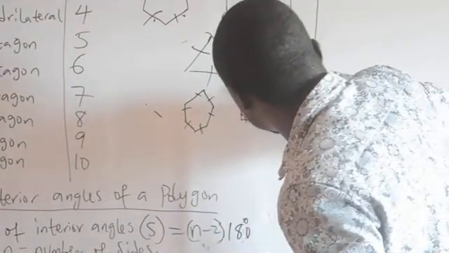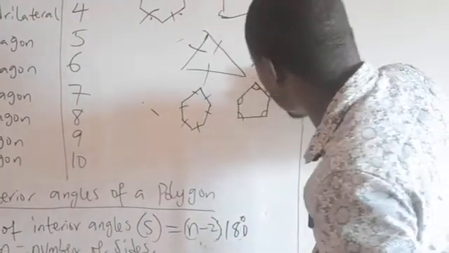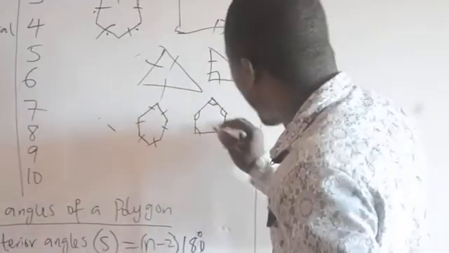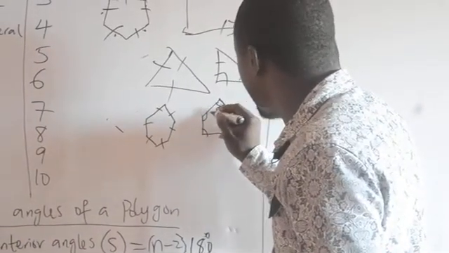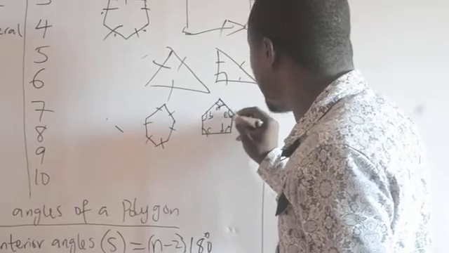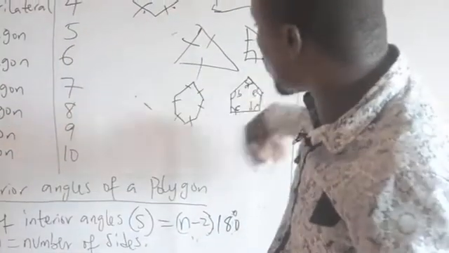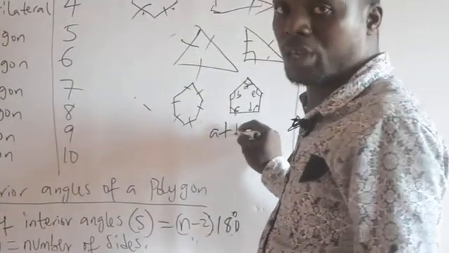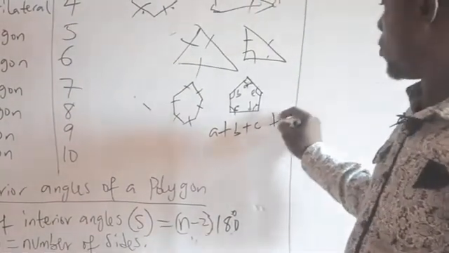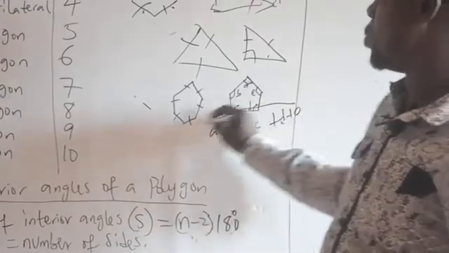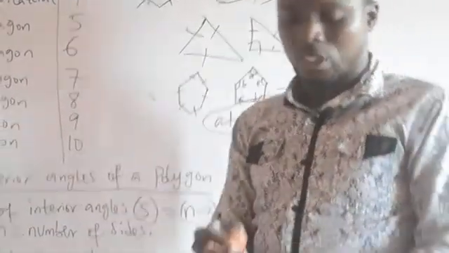When they meet, an angle will form. Another one here. So all these ones, let me use A, B, C, D, E to represent the interior angles. So the interior angles of this polygon, that is A plus B plus C plus D plus E, gives you what? The sum of the interior angles.